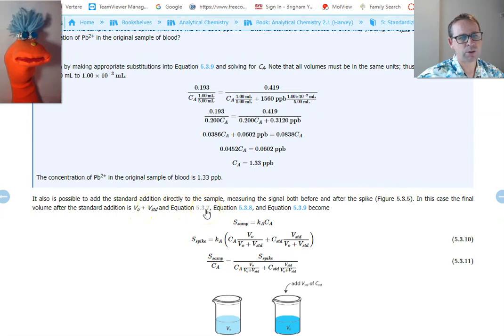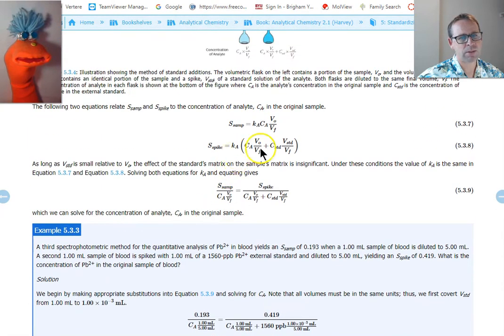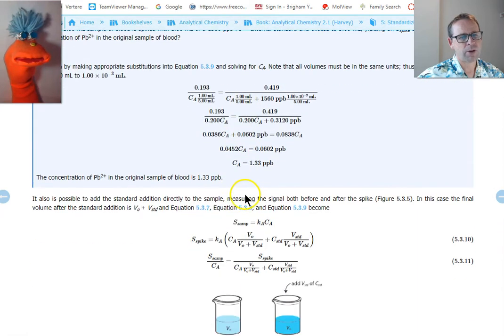Equations 5.37, 5.38, and 5.39 become this here, where you have the signal from the spike equaling the analyte sensitivity times the concentration of A, volume initial over volume initial plus the standard, plus the concentration of the standard, volume standard over the volume initial plus the volume of the standard.